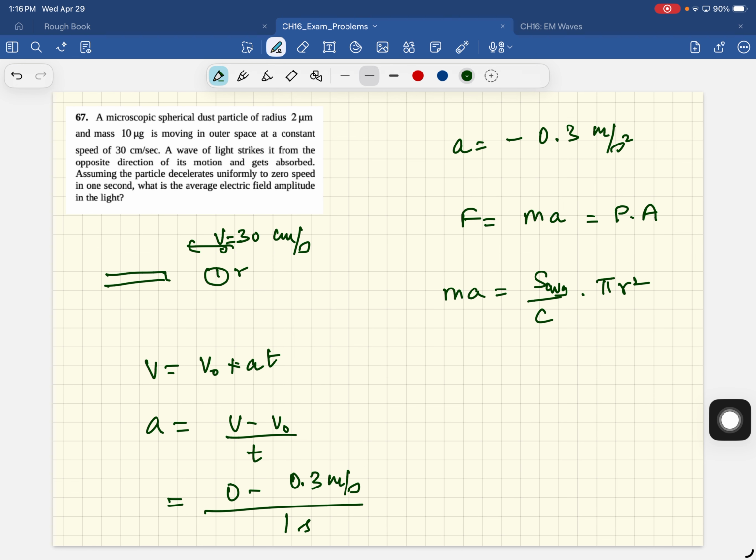All right, so this is S average is equal to E max squared over 2 mu naught C. So they're asking for the electric field amplitude. We'll express this in terms of the electric field amplitude, E max squared over 2 mu naught C times pi r squared.